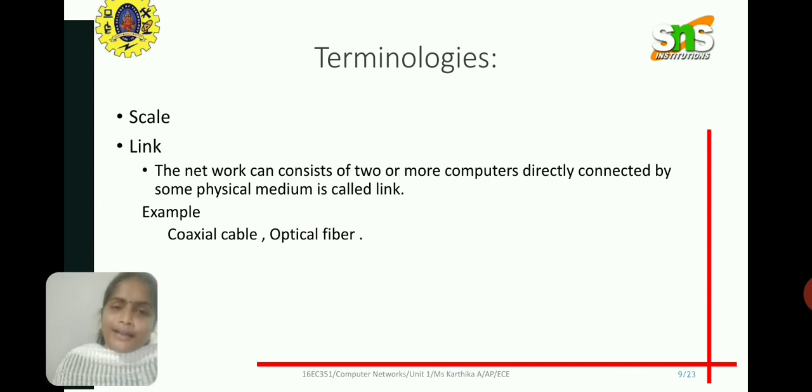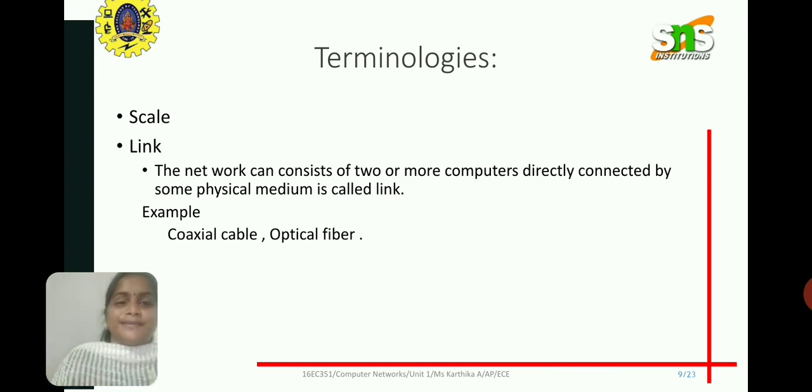Okay, and what are the terminologies used in computer networks? In this we have mainly a link. What is a link? For example, coaxial cable and optical fibers for wired connections are called links. In wireless, we don't have any wired link. The transmission is only through air media.